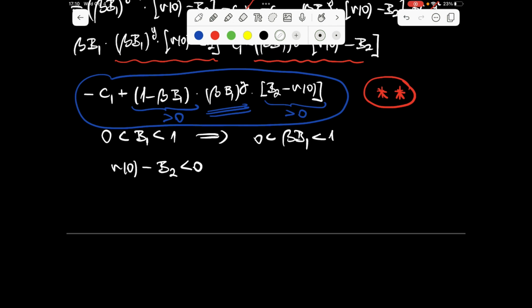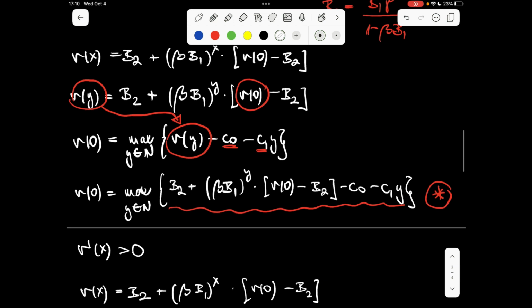So we are going to find the optimum order size by knowing that over the optimum order size, this equation is going to be negative. So once again, we are going to maximize the v0 value function by using this equation.